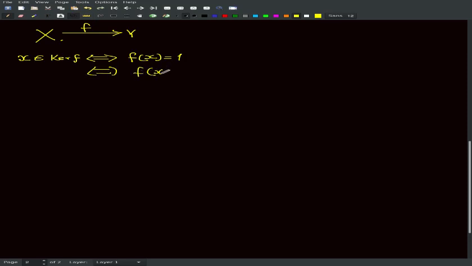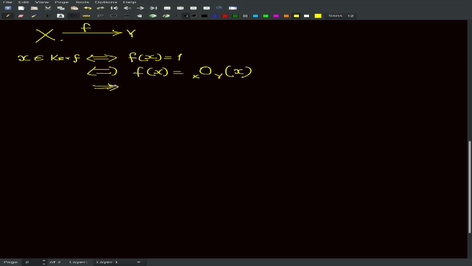Now let's see. Suppose we have a group homomorphism f. So what's the kernel? X belongs to the kernel of f if and only if f of x is 1. But remember, there is this other homomorphism also. This is this 0 map evaluated at x.